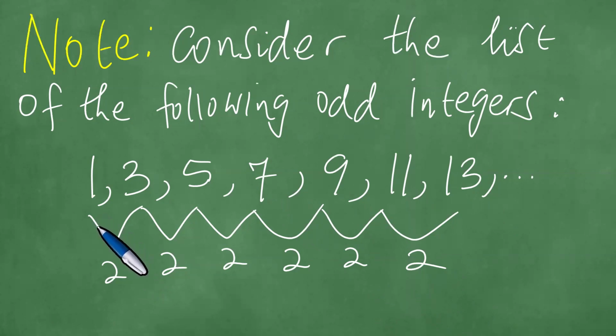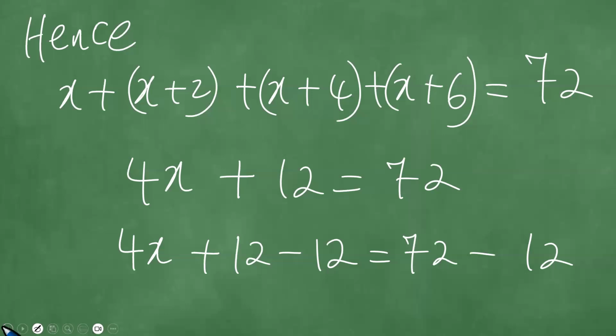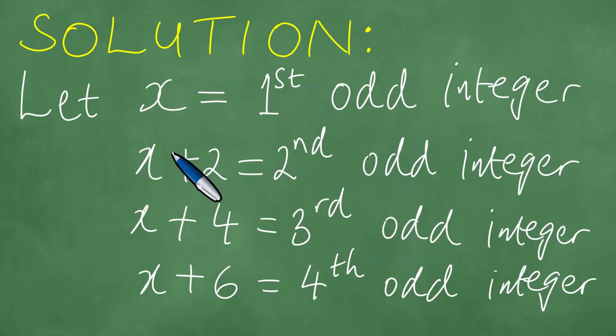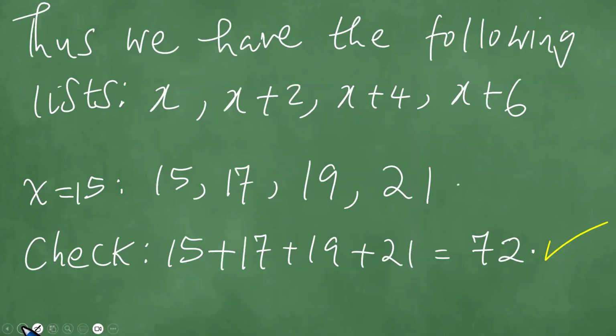This is enough evidence to strengthen the fact that if x is the first odd integer, the next one must be x plus 2, then x plus 4, then x plus 6. The reason is indicated here.